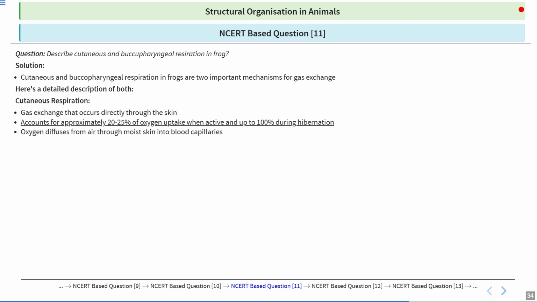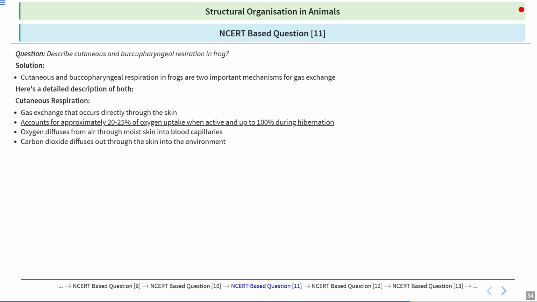Oxygen diffuses from air through the moist skin into the blood capillaries, right? Because if the skin is moist, oxygen can diffuse through it and enter the blood capillaries, which are very, very near to the skin. Carbon dioxide diffuses out through the skin into the outer environment.